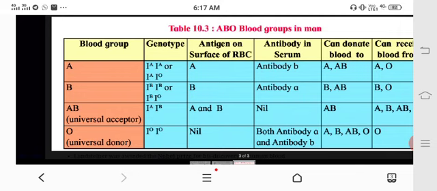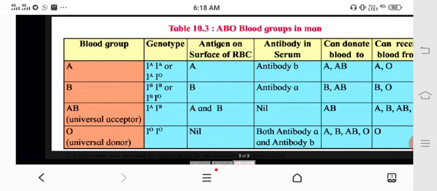In blood group B persons, antigen B is present but antibody B is absent. Antibody A is present in the plasma. He can donate the blood to blood group B and AB and receive the blood from B and O.